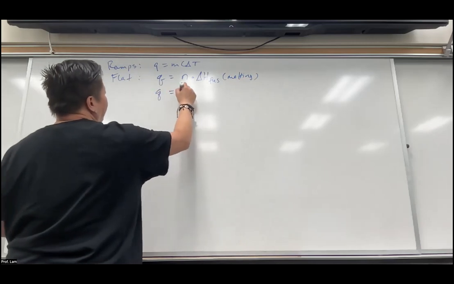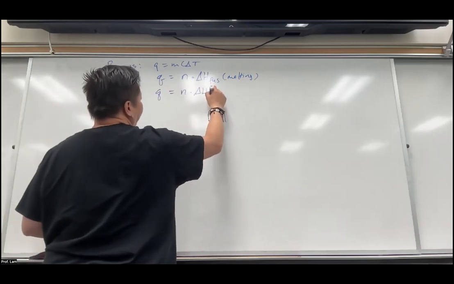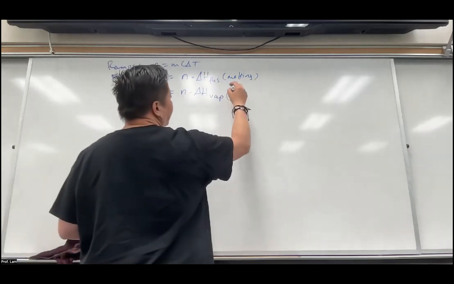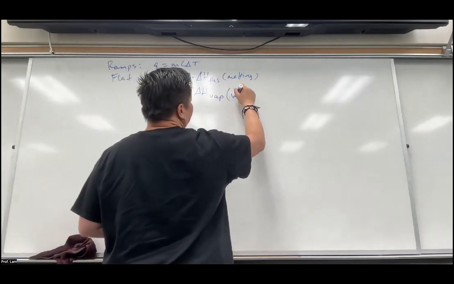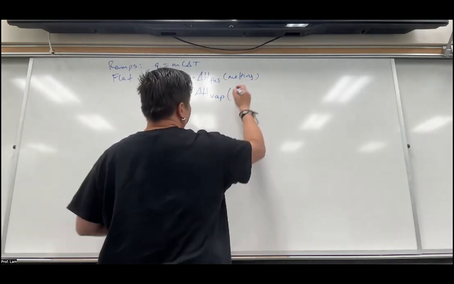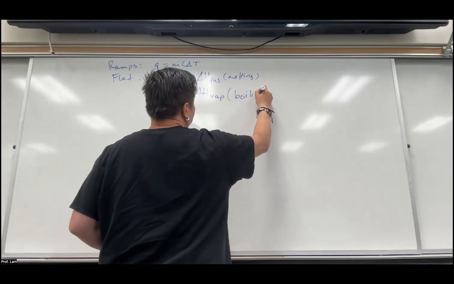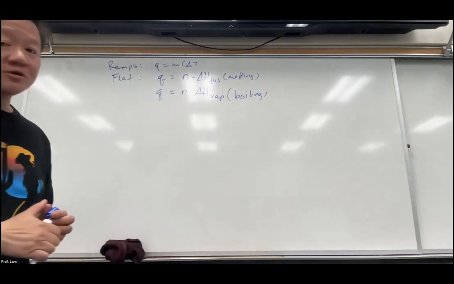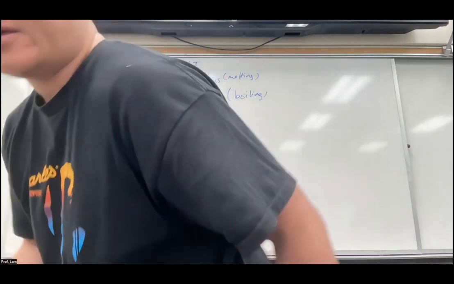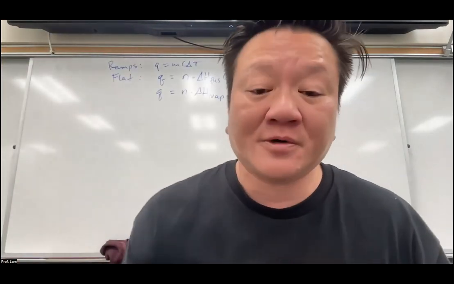If it's boiling, then it's mole times the heat of vaporization. Right? So 2 different values that you can look up. And we'll call this boiling. Okay, so those are the 2 equations. That's it in order to quantify how much heat you need in order to heat things up.